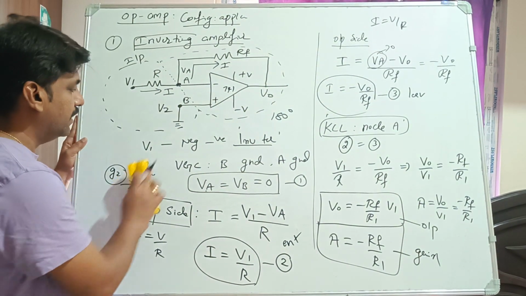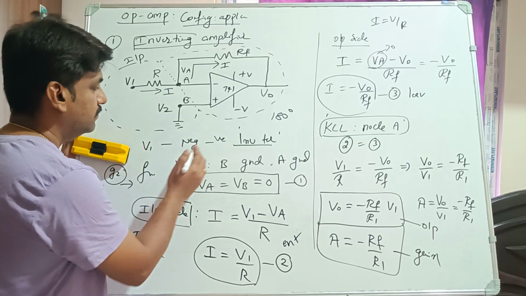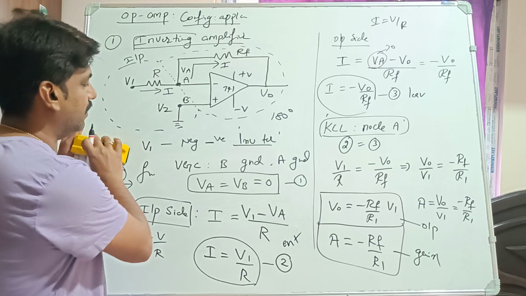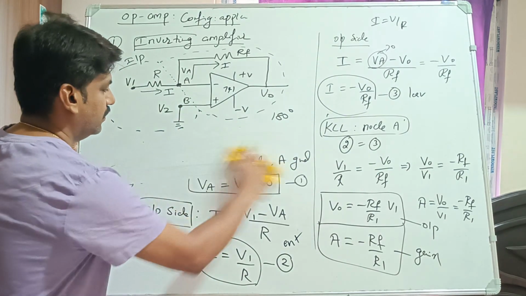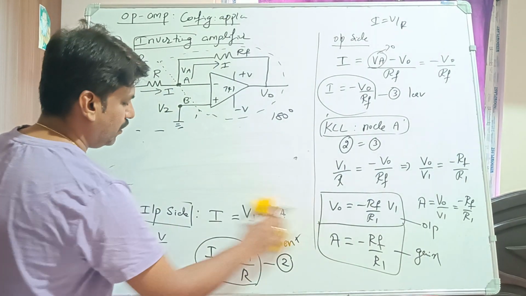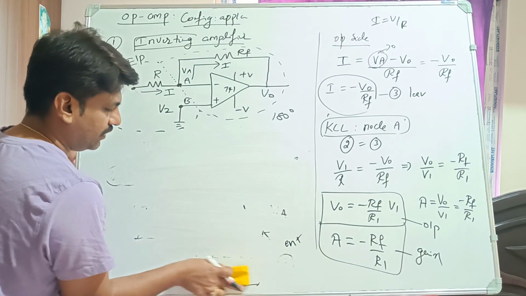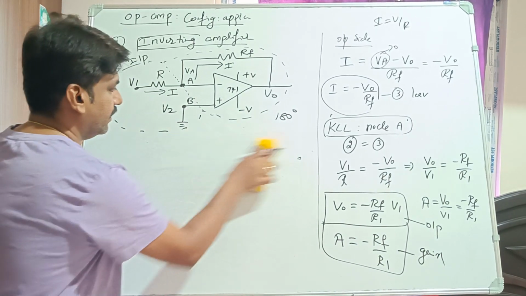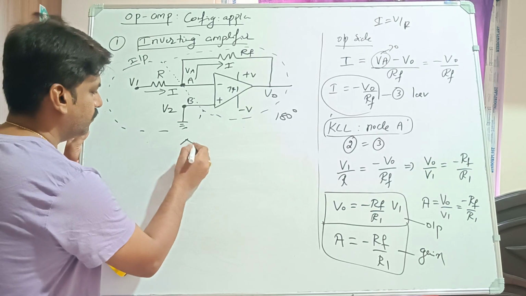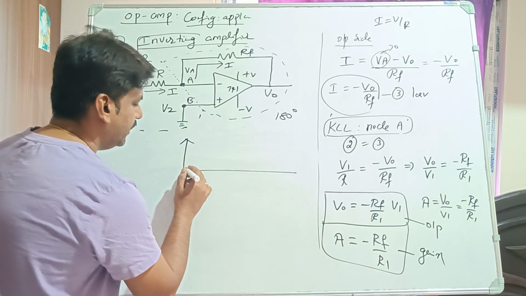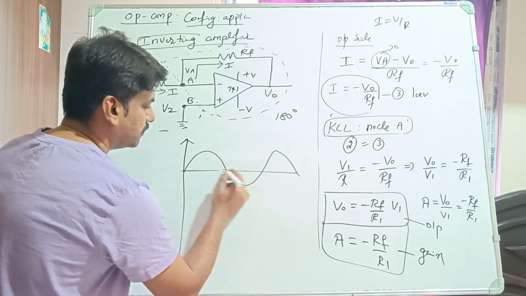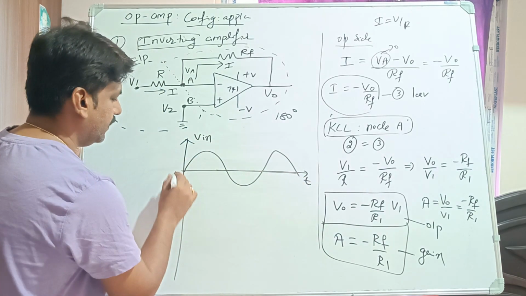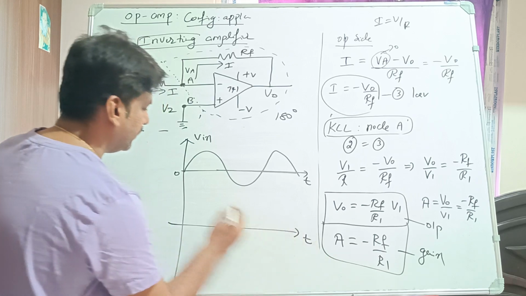Whatever is given is going to be inverted, that is negated, because the input is given to the negative terminal. So how can we draw this input and output now? With the help of these equations, we came to know mathematically that both have a 180 degree phase shift. So I can draw the input like this. If the input is like this, the output can be drawn like here.